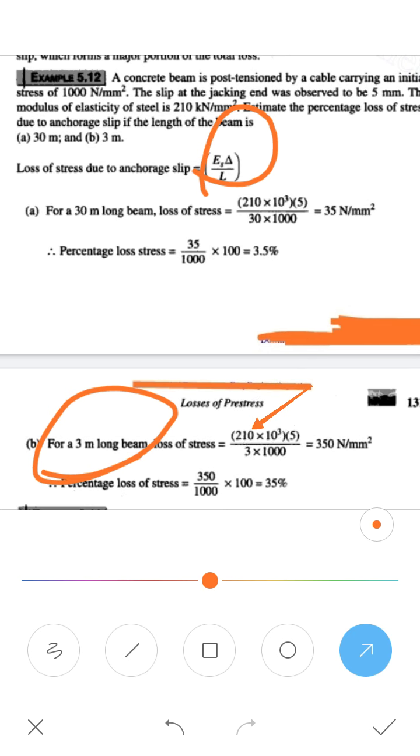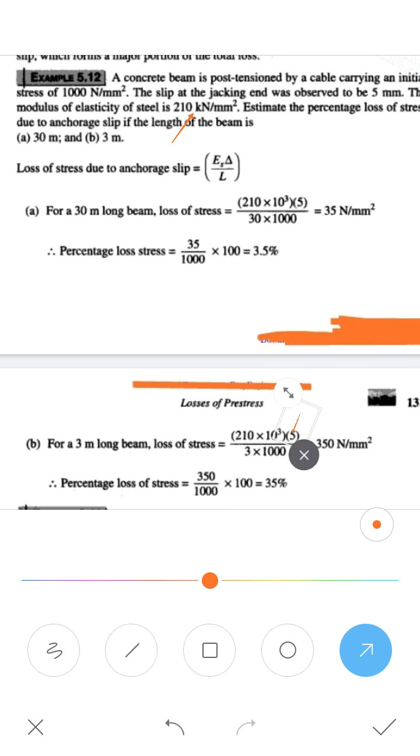That is what has been given in the question here. So the same E value you insert, and the anchorage slip whatever they have given, the same value you insert here also, that is 5 mm.